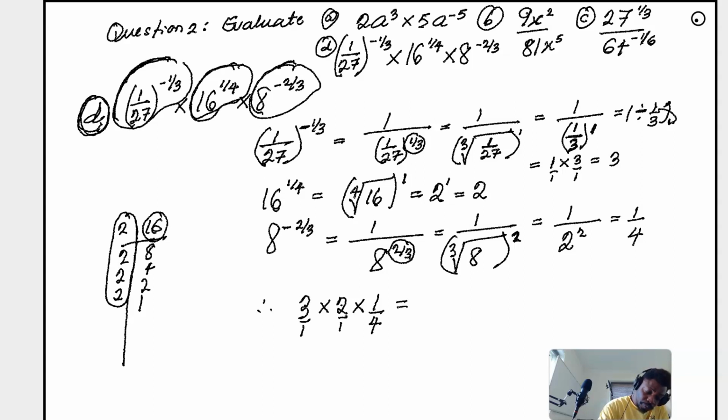So 3 times 2 is 6, times 1, 6. 1 times 1, 1, times 4, 4. So how many 2 can I get here? 3. How many 2 can I get here? 2. So I can say the answer is 3 over 2, or how many 2 can I get in 3? 1 and 1 over 2. You convert that to a mixed fraction.